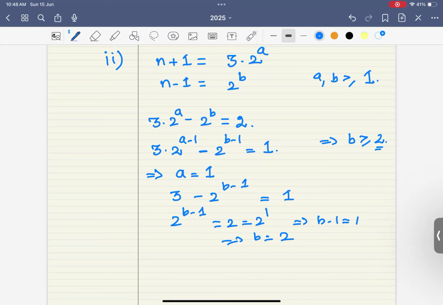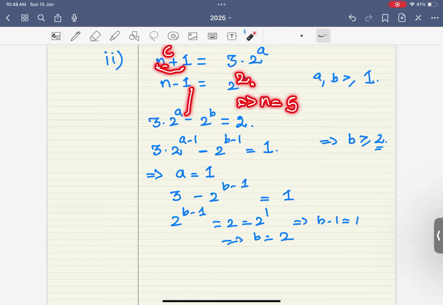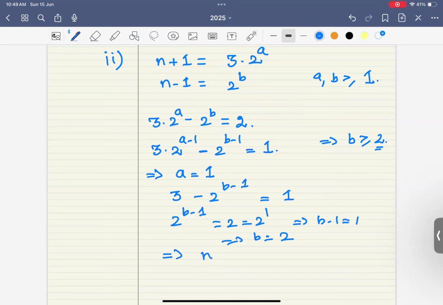If you were to put b as 2, you'll get n as 5. And if you were to put n as 5, this becomes 6. So 3 times 2 to the power 1 is indeed 6. So that's a solution, right? In fact, we have arrived upon one more solution, and that is n is equal to 5.